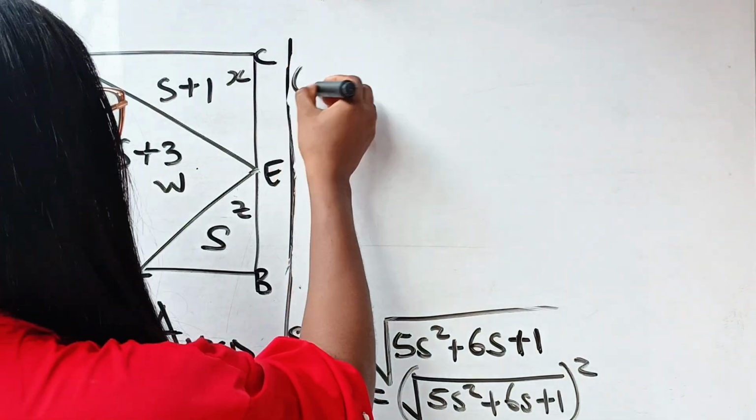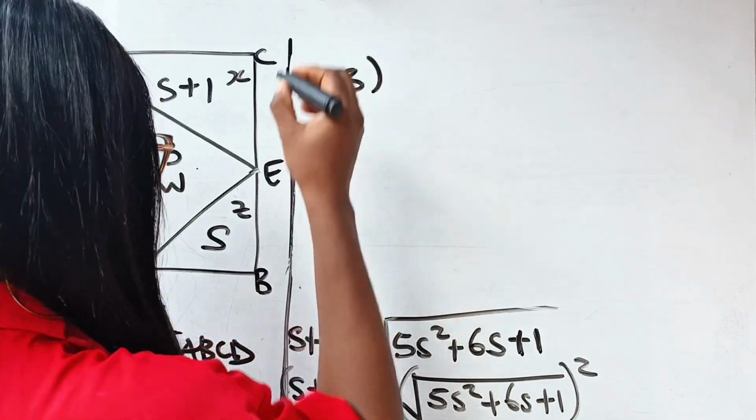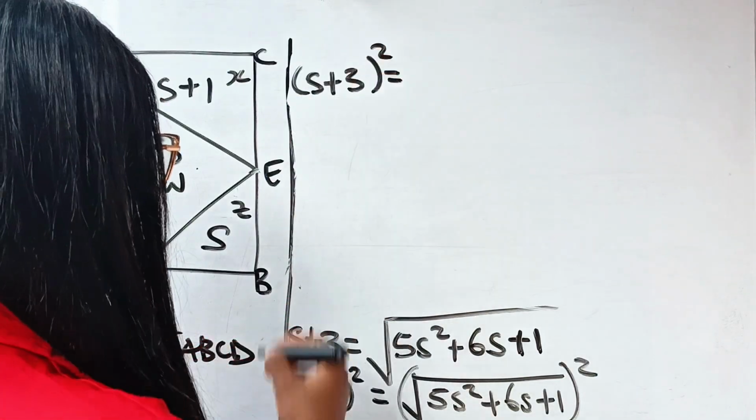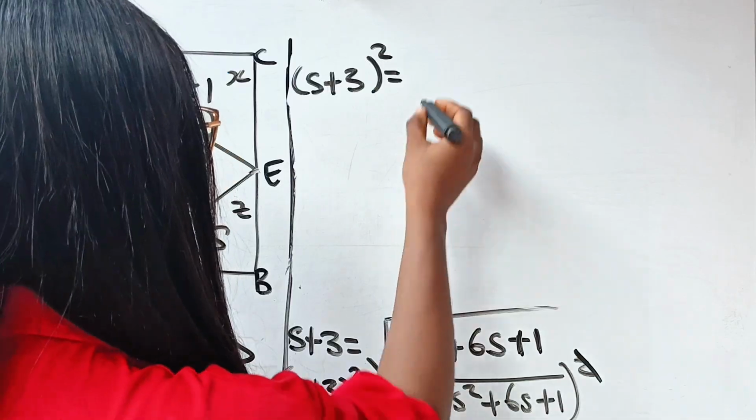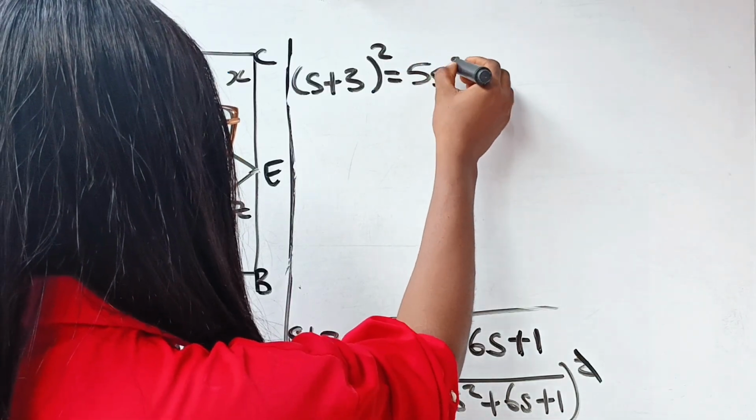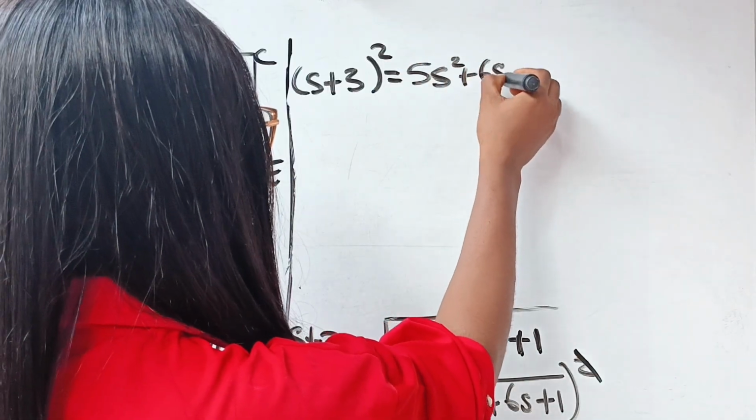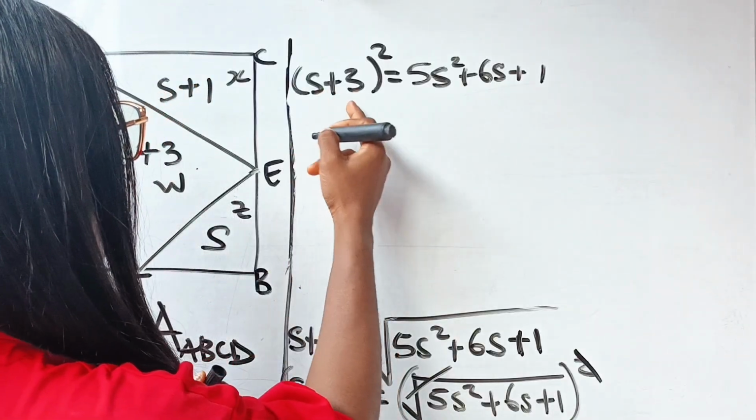So here we have s plus 3 squared is equal to, this we remove this and we have 5s squared plus 6s plus 1. Now let's expand this.